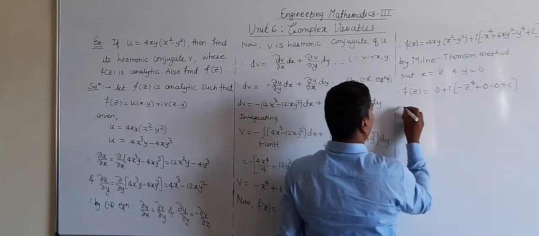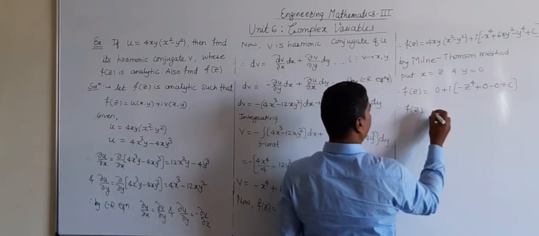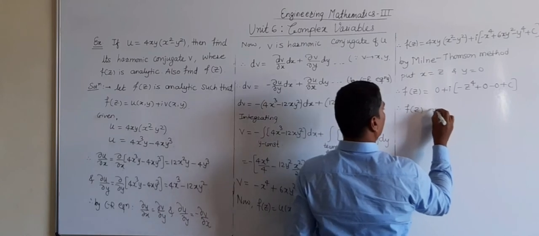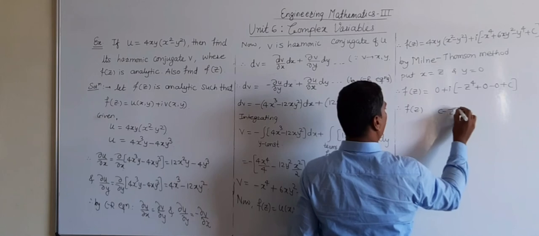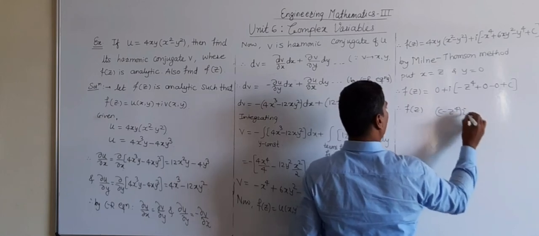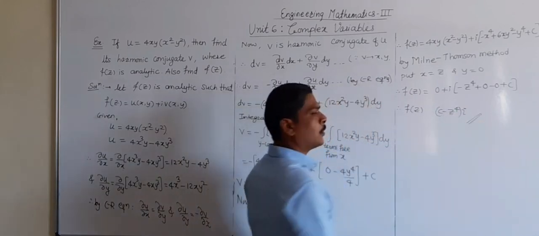So in that way f of z becomes c minus z raised to 4 into i. Okay, so this is our final answer.